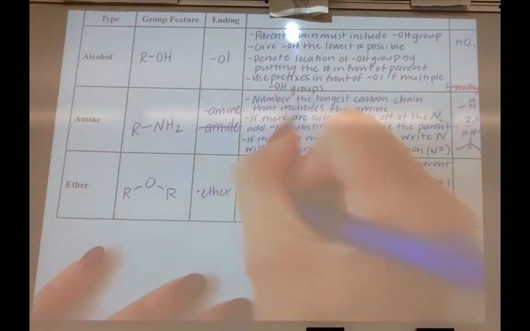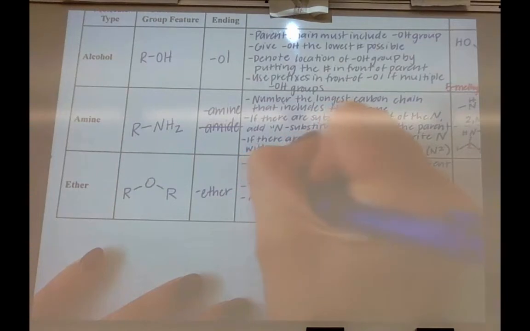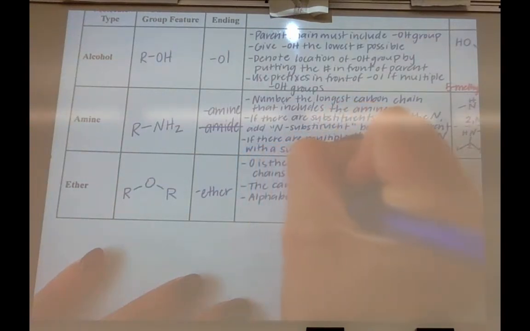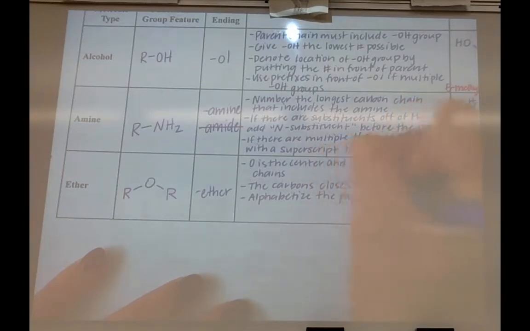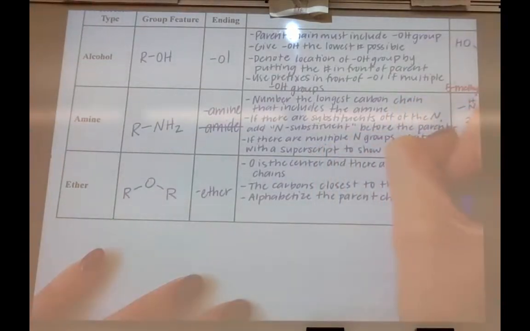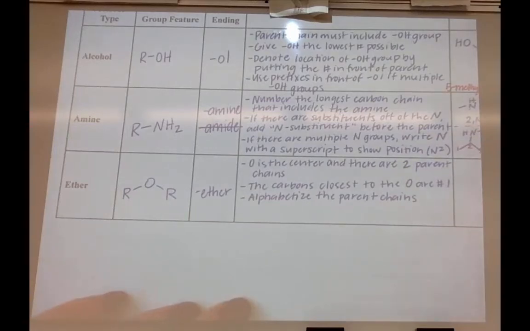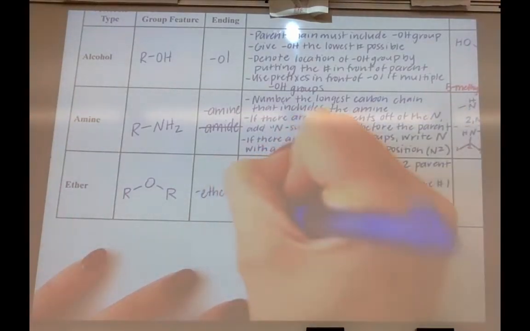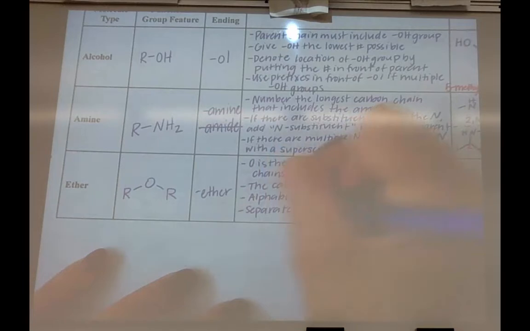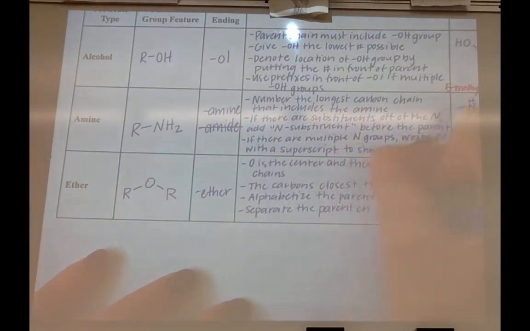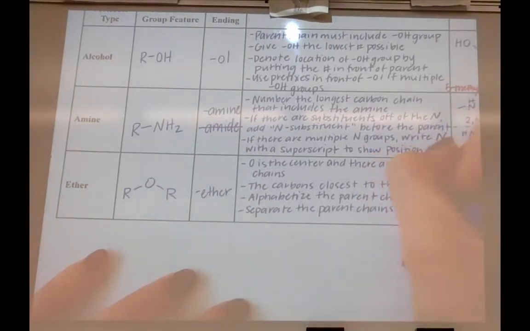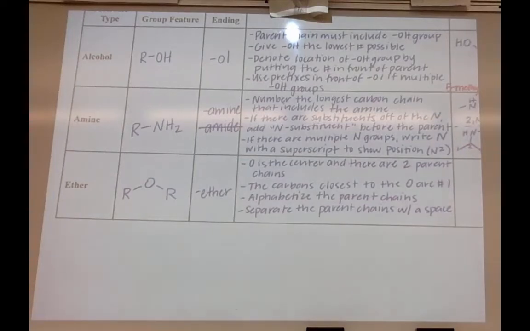When it comes to naming, we alphabetize the parent chains. And I'll show you a couple examples so you can see what I mean by alphabetizing the parent chains. We separate the parent chains with a space. So in terms of naming, there's actually going to be a space between the 2 parent chain names.